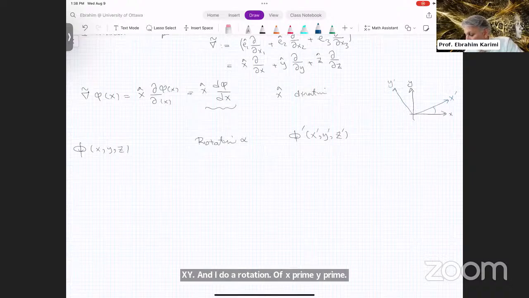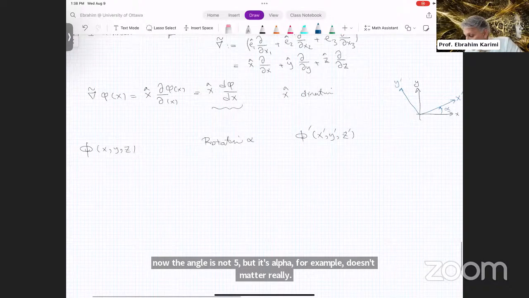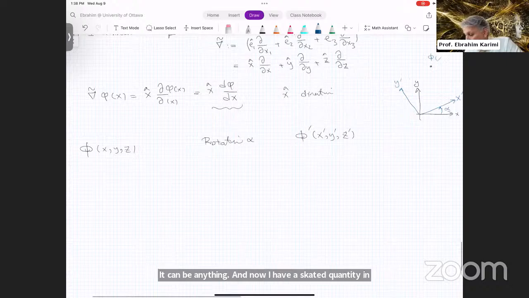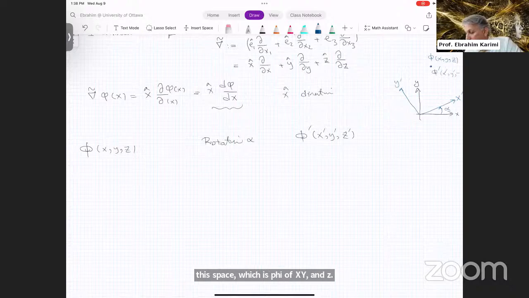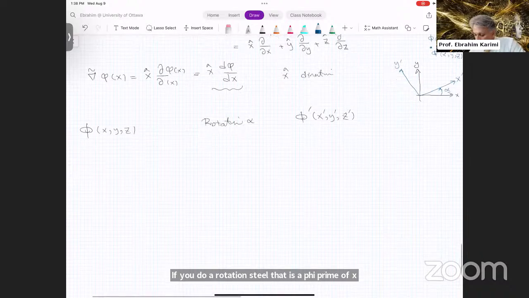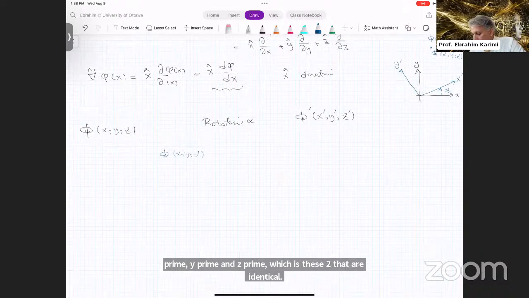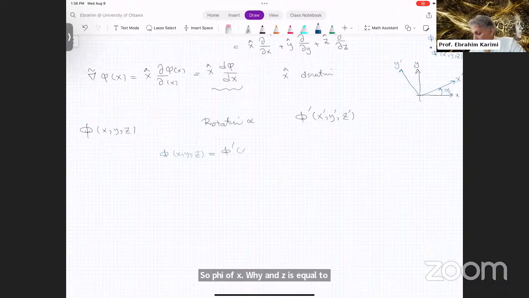And now the angle is not phi, but alpha, for example. It doesn't matter, really. It can be anything. And now I have a scalar quantity in this space, which is phi of x, y, and z. If you do a rotation, there is a phi prime of x prime, y prime, and z prime, and these two are identical. So phi of x, y, and z is equal to phi prime of x prime, y prime, and z prime.